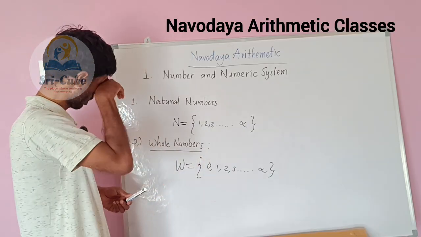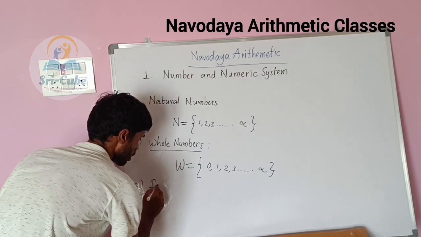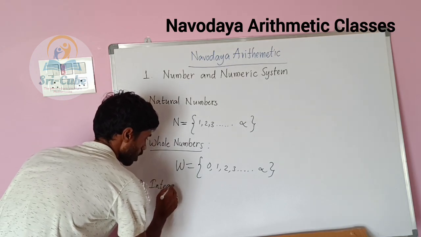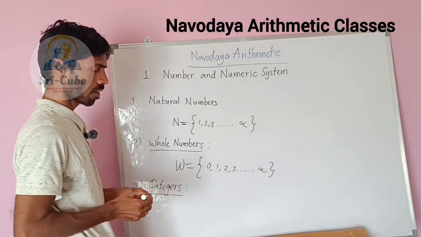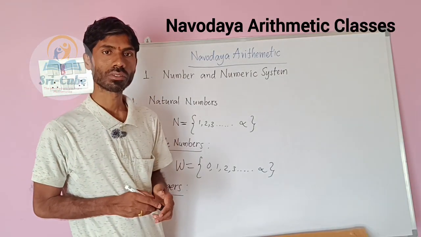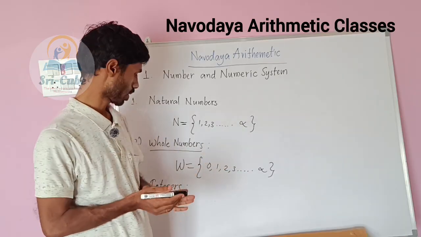Next, third one, integers. Integer set: all positive and negative numbers, including 0, are called integers.